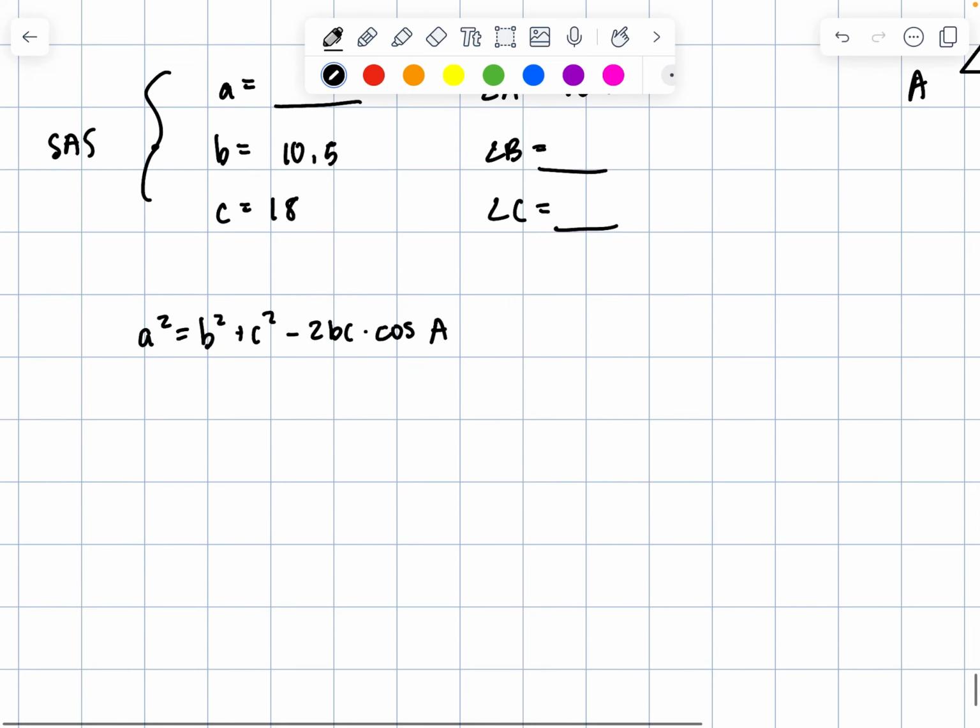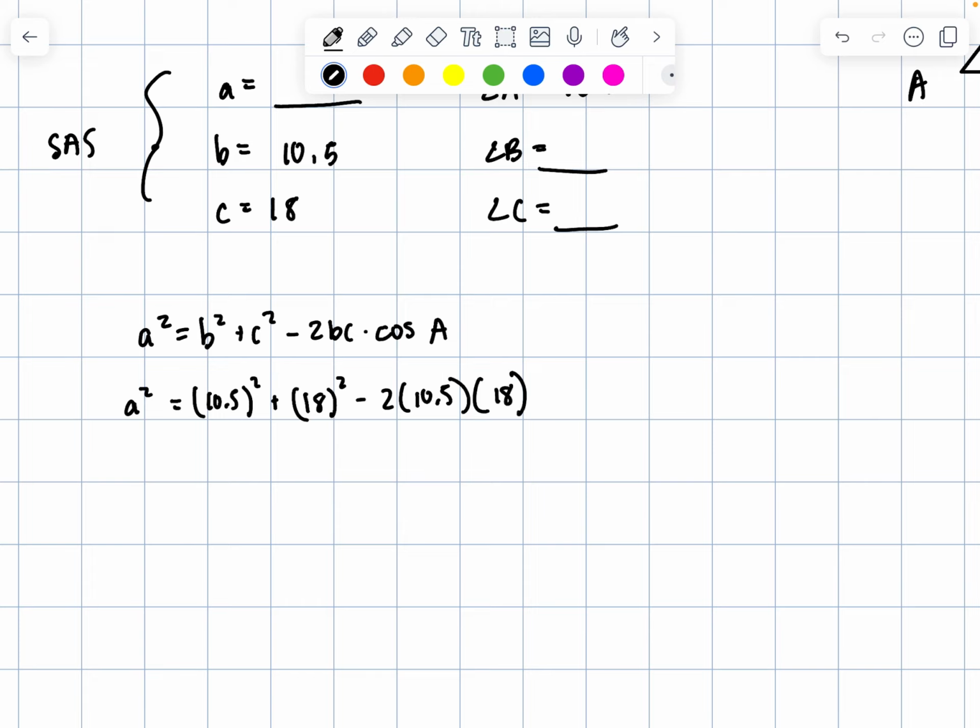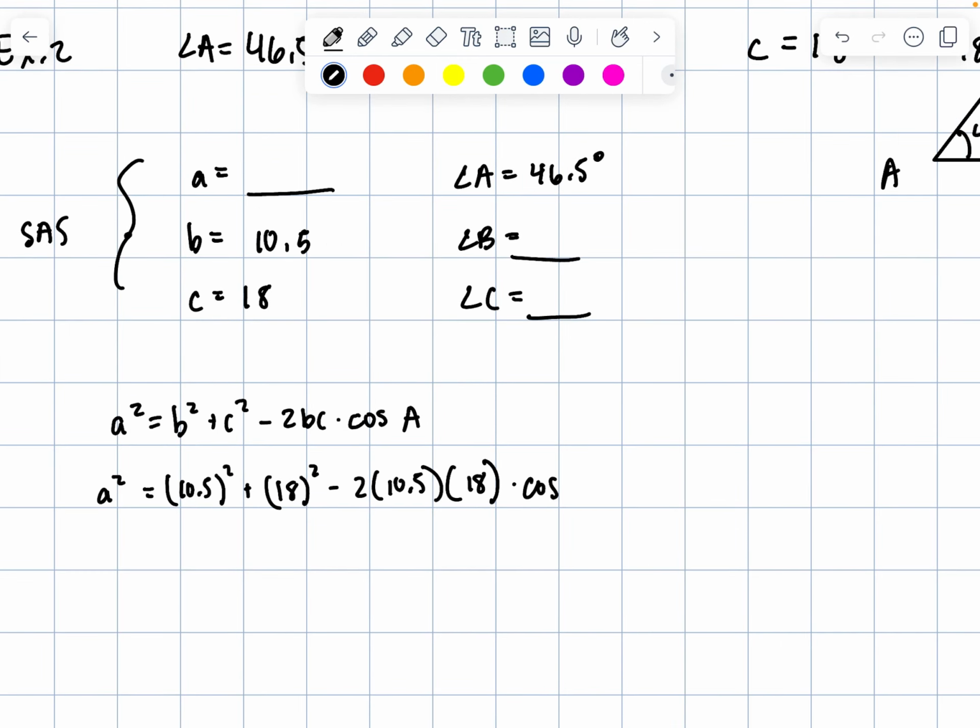So this is going to be nice because everything is on the right side of the equation already. We have A squared is equal to B is 10.5 squared plus 18 squared minus 2 times 10.5 times 18 times the cosine of 46.5.